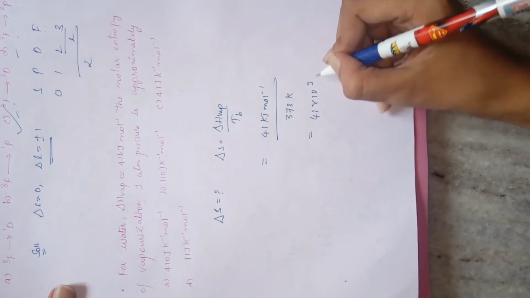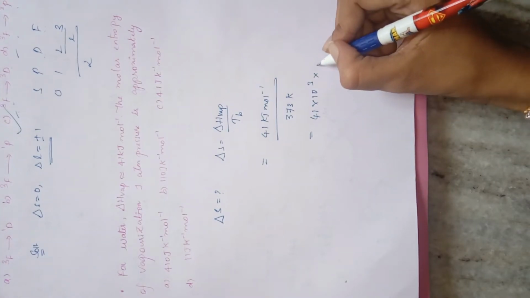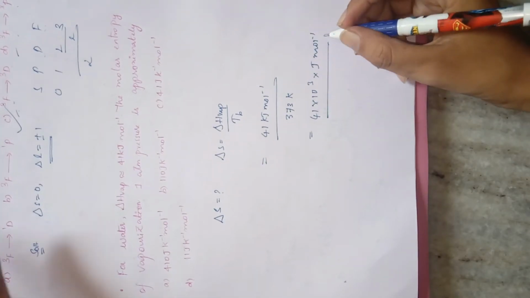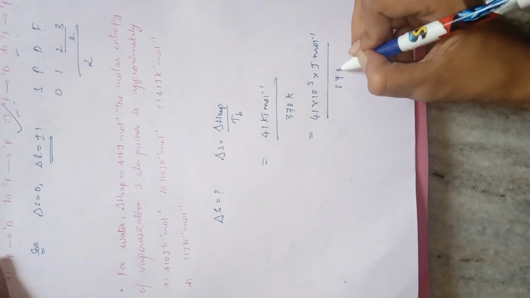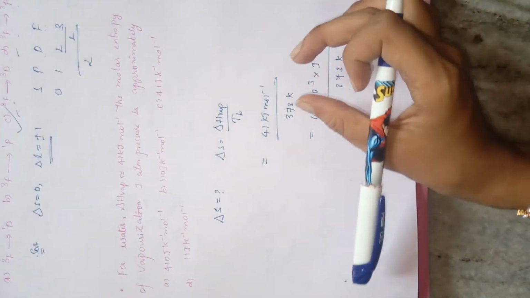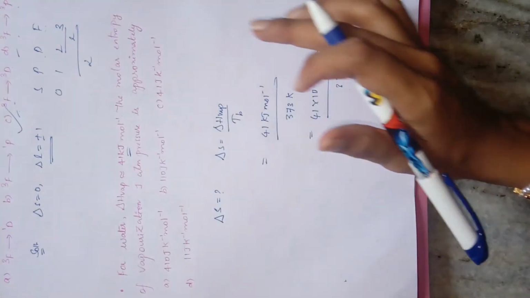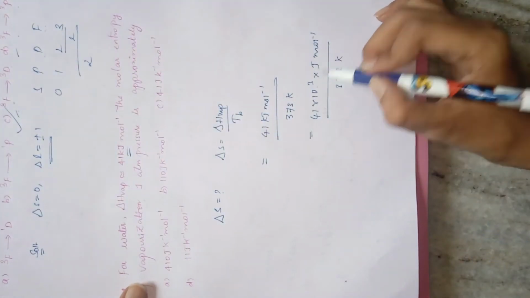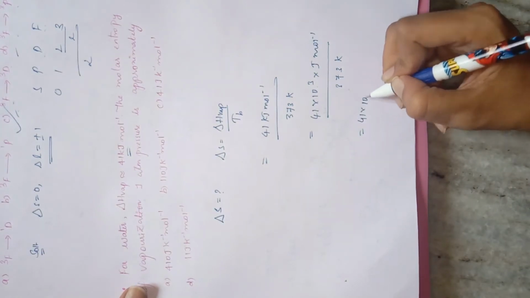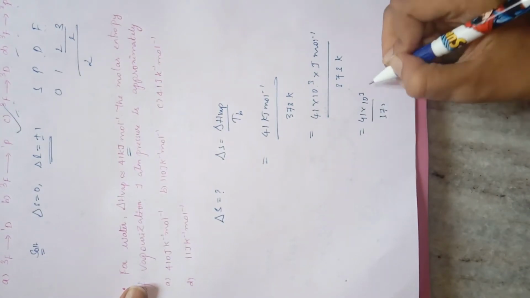This is very important when you solve physical chemistry questions, because most of the time you don't look at the question given properly, and in a hurry we just solve it the way it is given. So never do that. Concentrate on what units are given. The units are the most important. So once you convert this and solve for it, now 41 into 10 power 3 by 373, joules per mole per kelvin.